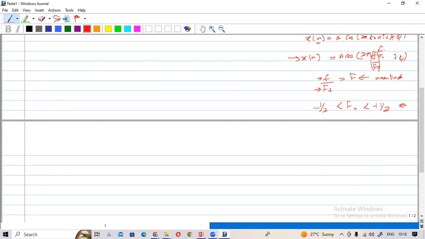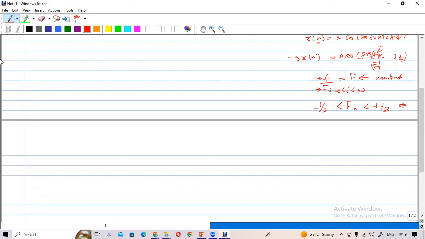For a discrete time signal, the normalized frequency is between minus half and plus half, but in continuous time, the frequency can be from minus infinity to plus infinity. Here, all these frequencies will be within this range.